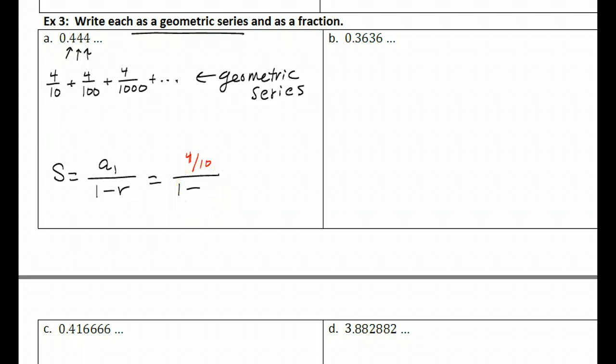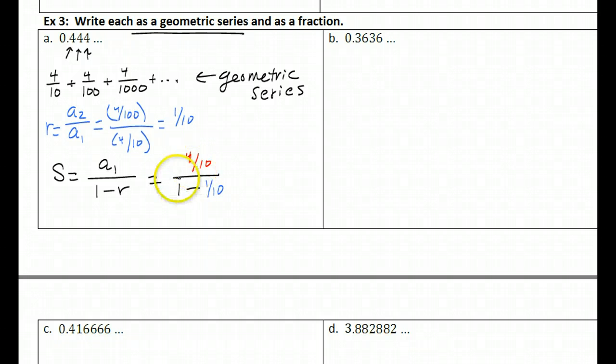But I need to find r, and remember, to find r, you could take any term. If I know 2 terms in a row, I don't have to use that fancy mn formula. I can just do a term divided by the previous term. So, and feel free to type this into your calculator if needed, but I've got 4 over 100 divided by 4 tenths. And when I type that up, I get 1/10 for my answer. So r is 1/10.